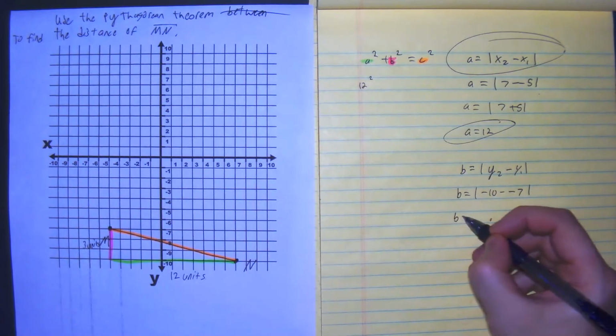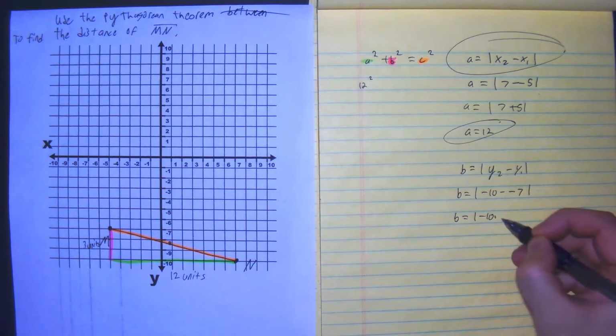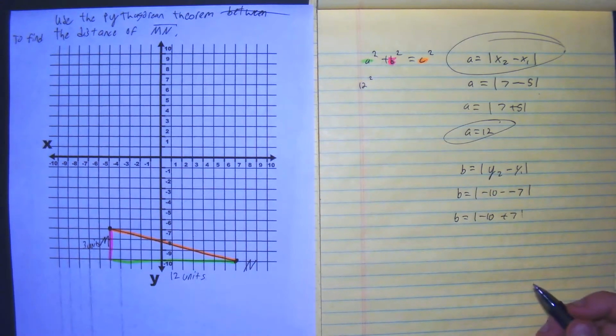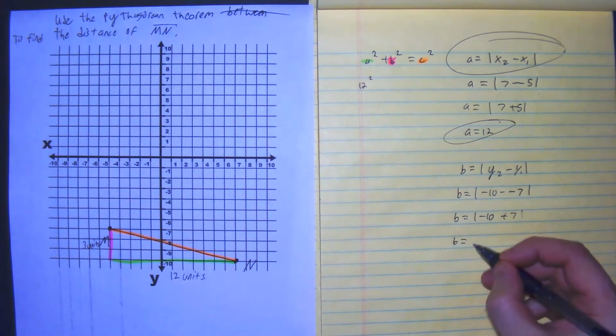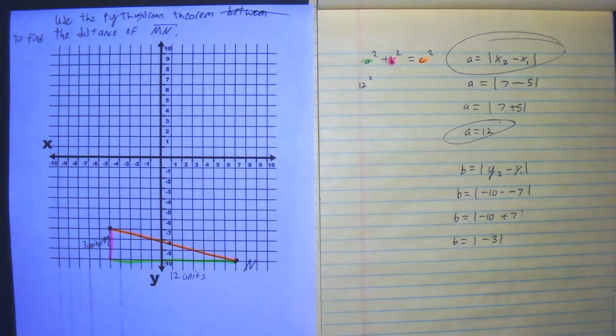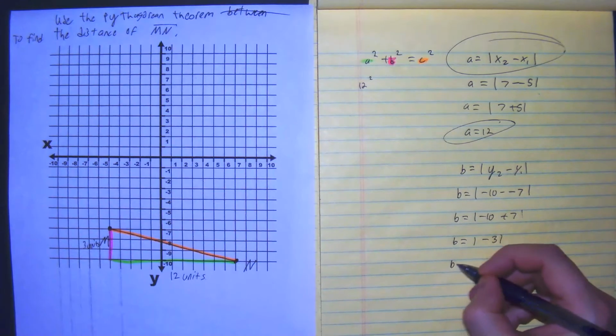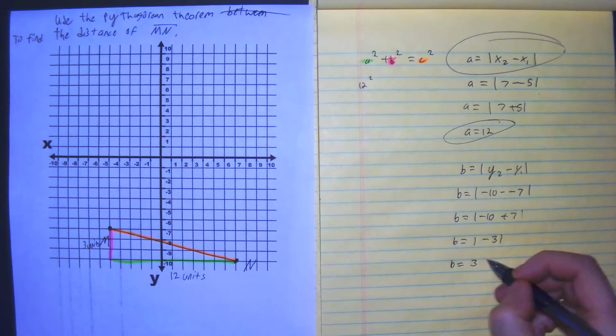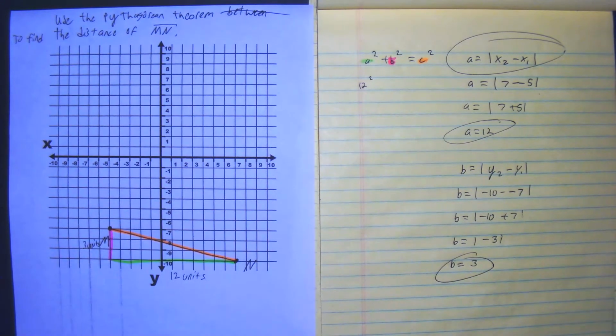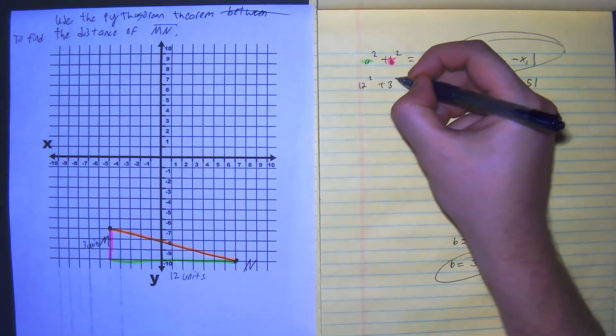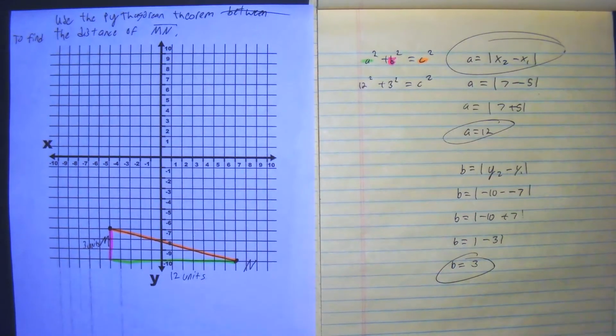So now we're at B is equal to negative 10 plus 7. Then you get B is equal to the absolute value of negative 3. Well, anything that's absolute value becomes positive, so we get B is equal to 3. So we did it right, good. Plus 3 squared equals c squared.